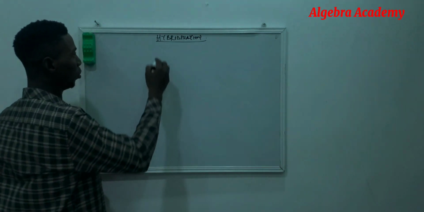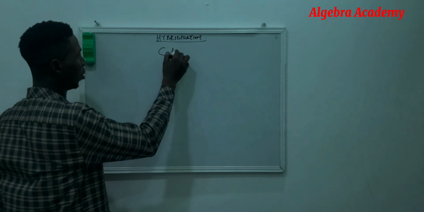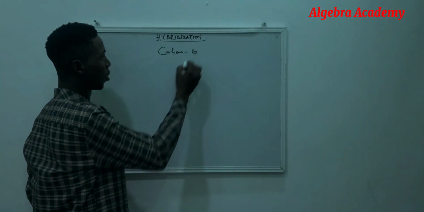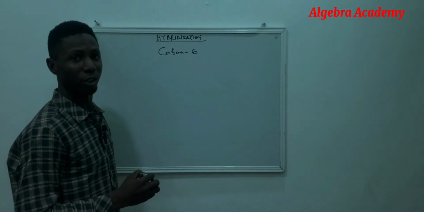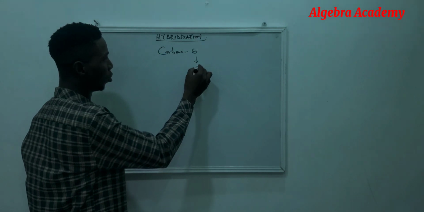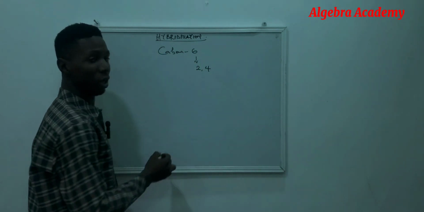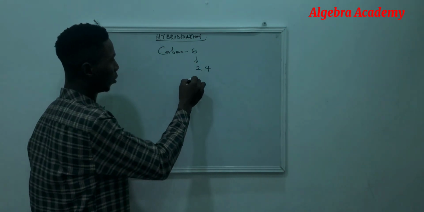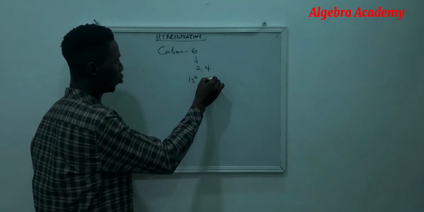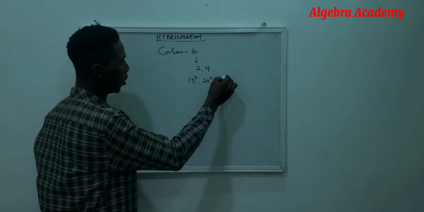Now, for carbon, the atomic number of carbon is 6. And we can write the electron configuration in two ways. Number one, we can write it as 2, 4, and we can also write it as 1s2, 2s2, and 2p2.